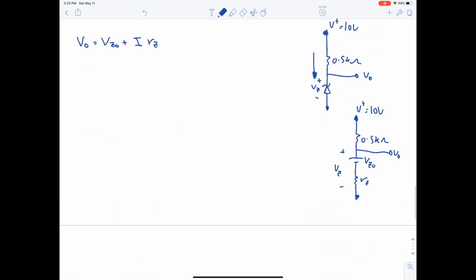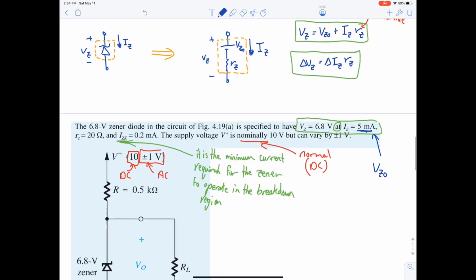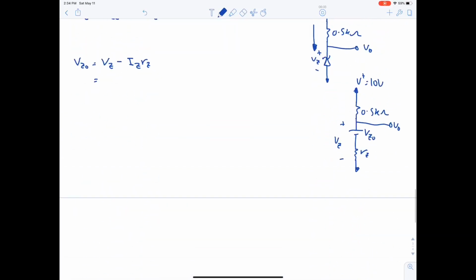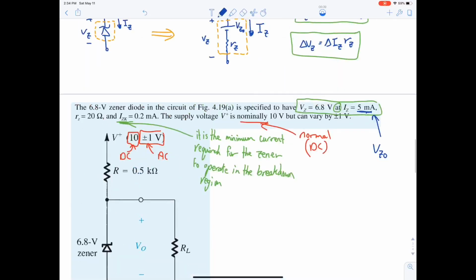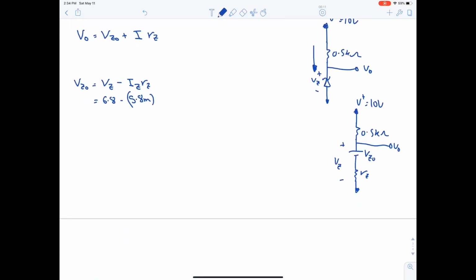So let's first compute VZ0. VZ0 is equal to VZ minus IZ RZ. VZ according to the sample is 6.8 and IZ is 5 milli, and RZ is 20. This will give us 6.7 volt.